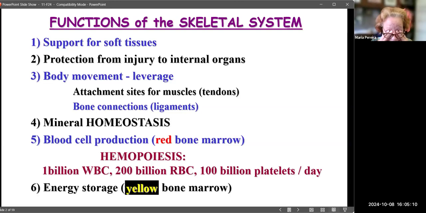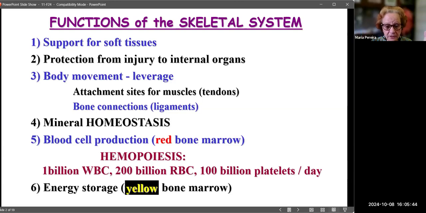The bones are, of all the structures in the body, the one that contains the most calcium. And when the blood levels go down, there are cells, we will discuss this, that are part of the bone and that release calcium from the bone. If the blood levels are too high, then there is another type of bone cell known as osteoblasts, and they deposit calcium on the bone.